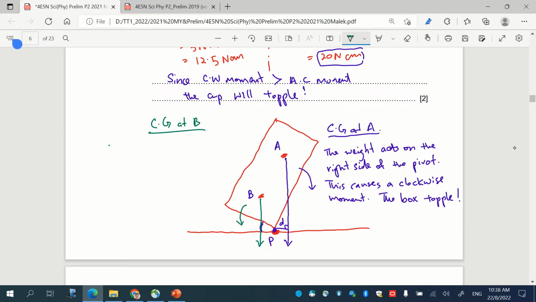So the weight, same thing, acts on the left side of the pivot, causing an anti-clockwise moment.